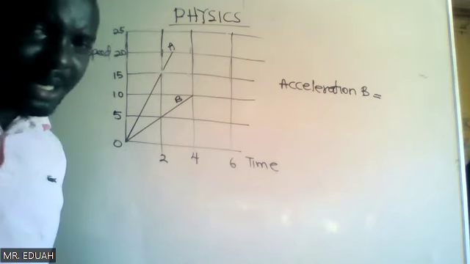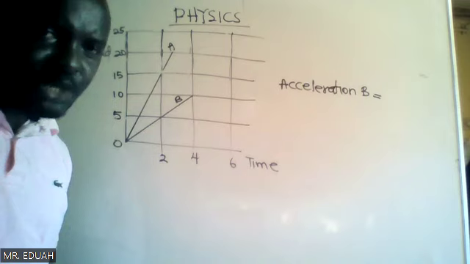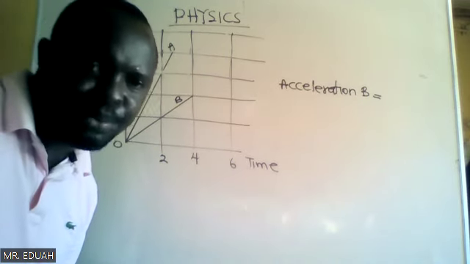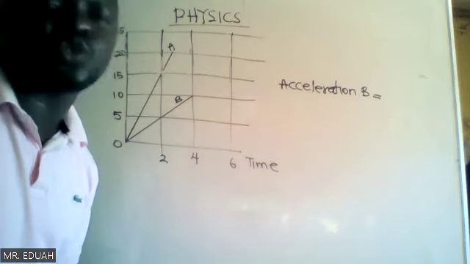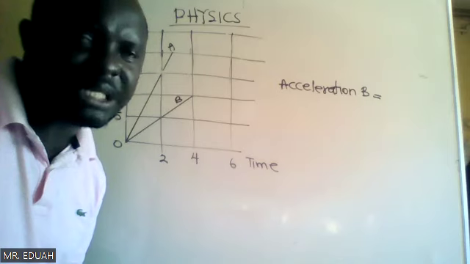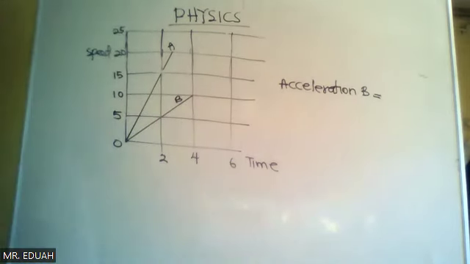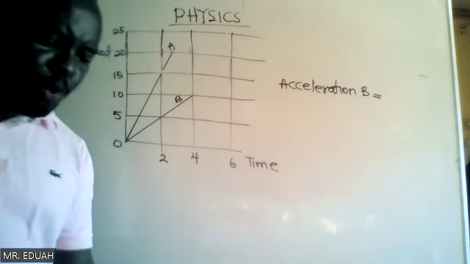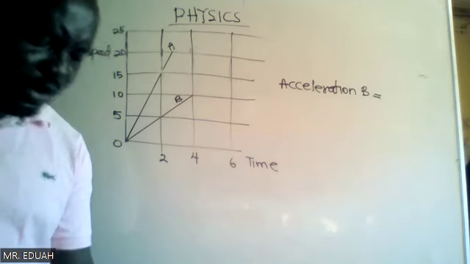Please go ahead if your hand is up. Okay, go ahead. Please, the slope. Slope of what? Graph A. So the slope of the speed time graph or the velocity time graph.